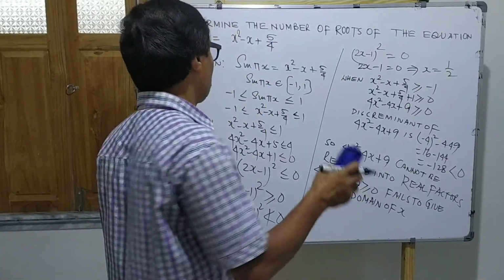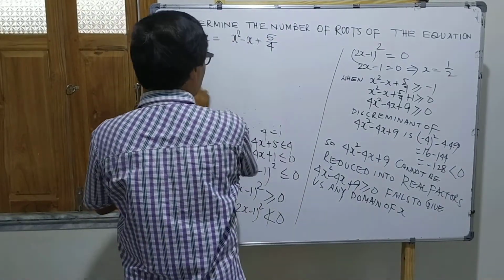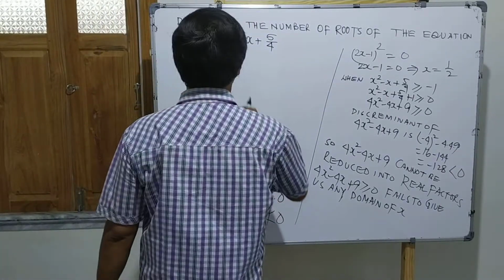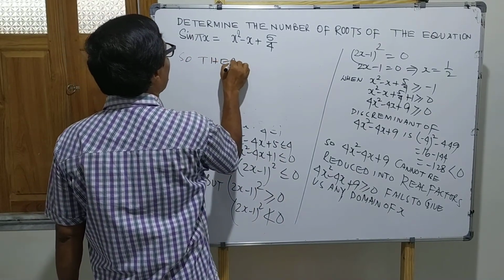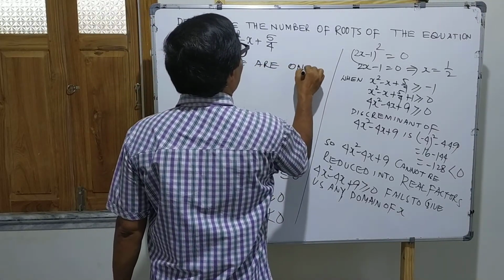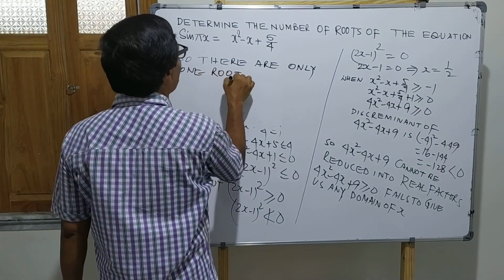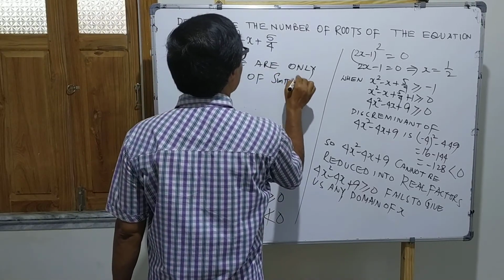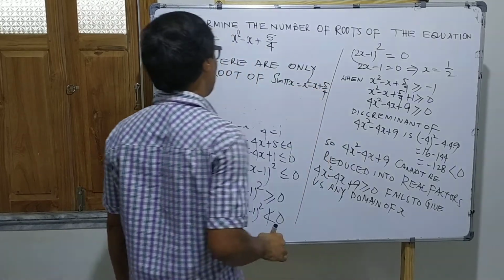So we can conclude that only one root exists for this equation. There is only one root of the equation sin pi x equal to x square minus x plus 5 over 4.